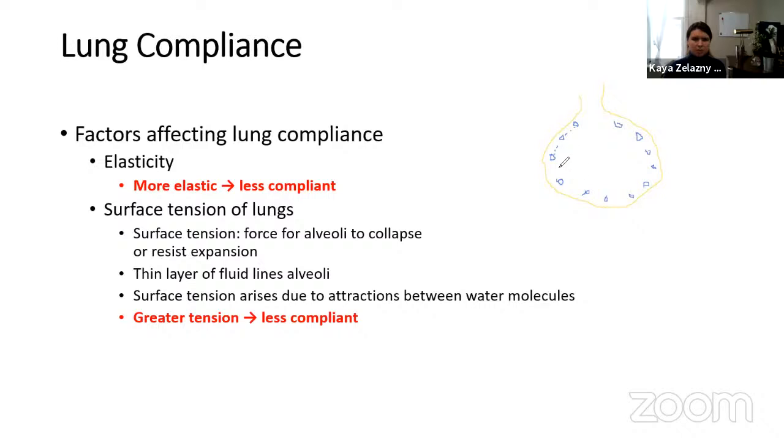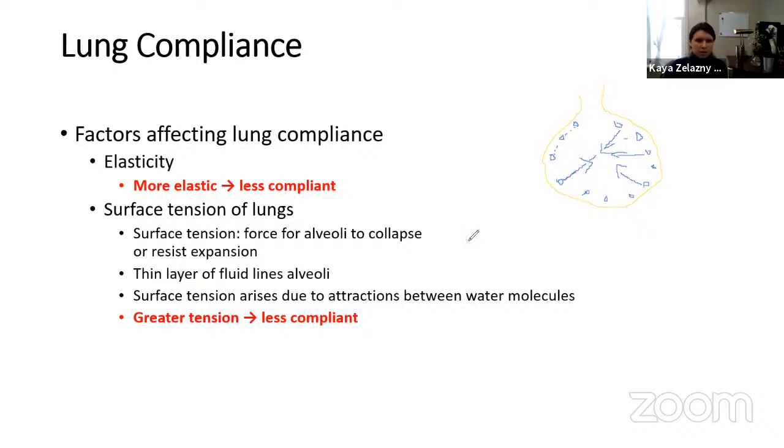It is water molecules forming hydrogen bonds, which means they're also exerting a pull across the alveolus. They're trying to collapse into a single droplet, which means there is a force trying to pull them all together, pulling inward on that alveolus, basically creating a force for that alveolus to compress and collapse. That's due to the attractions between these water molecules.